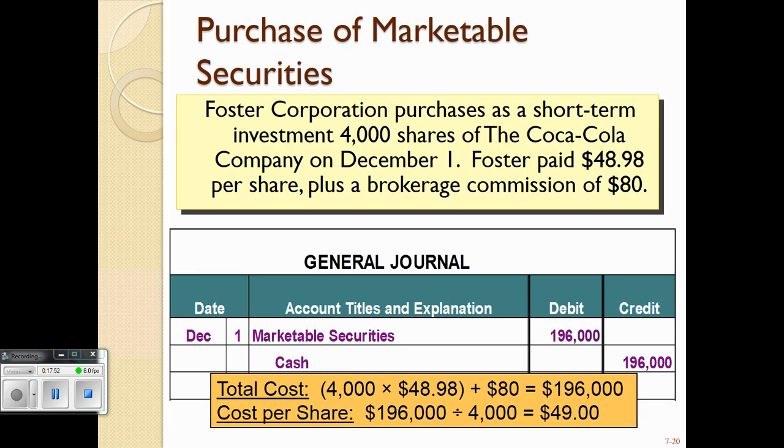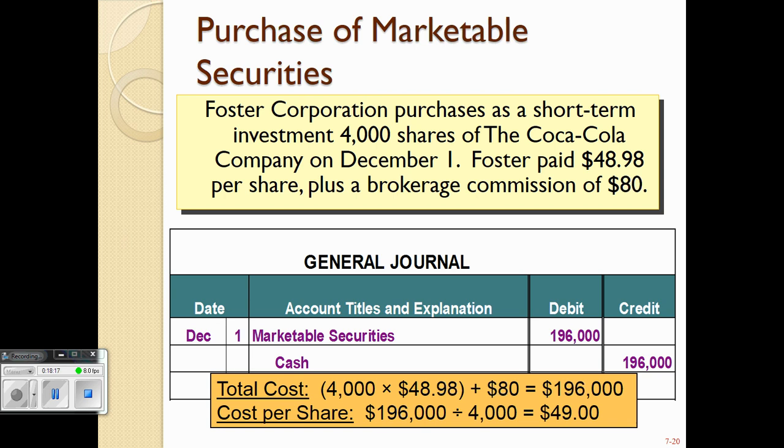Okay. When you would purchase them and why you would purchase a stock, I don't know for a company, but let's go ahead and go with their example. They bought marketable securities for $196,000 and paid cash of $196,000. Note it included the 4,000 shares at $48.98 plus the 80 cents commission.